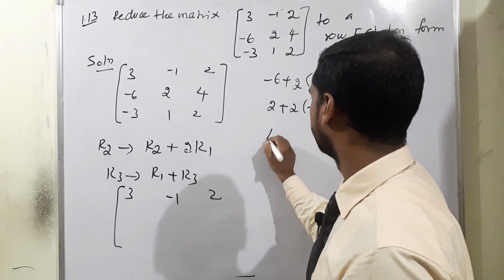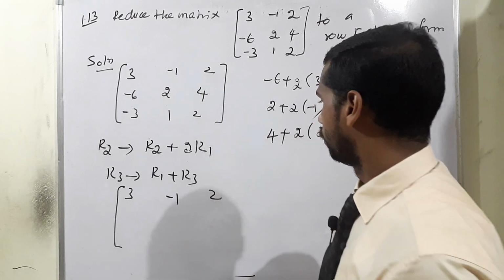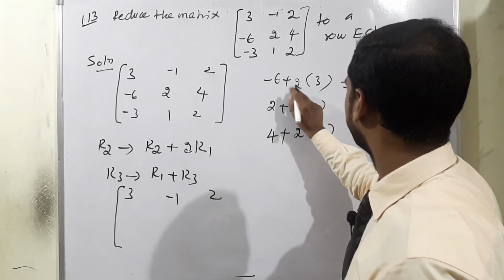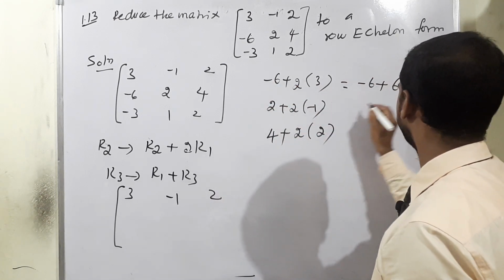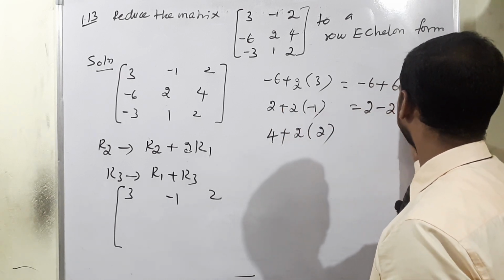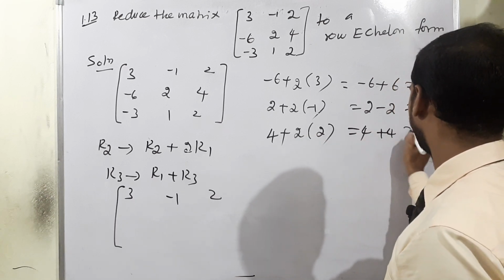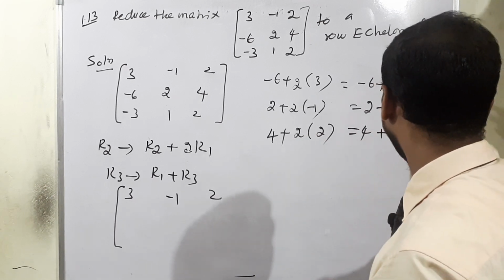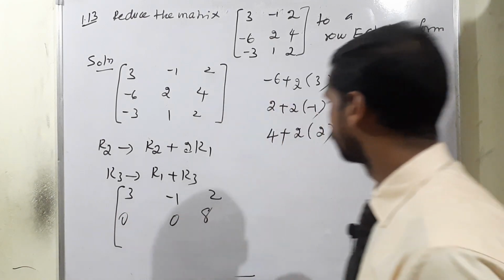Next condition, 4 plus 2 into 2. So minus 6 plus 2 into 3, 6, so value will be 0. Then 2 minus 1 into 2, minus 2, value will be 0. Next one, 4 plus 2 into 2, value will be 8. Therefore we can write 0 0 8.